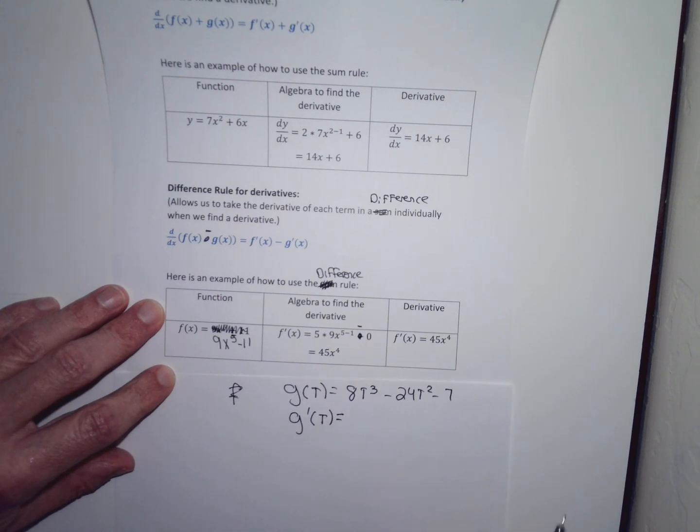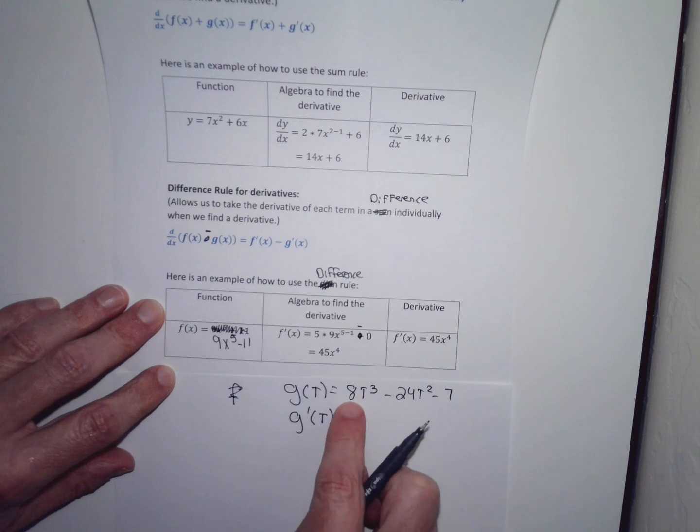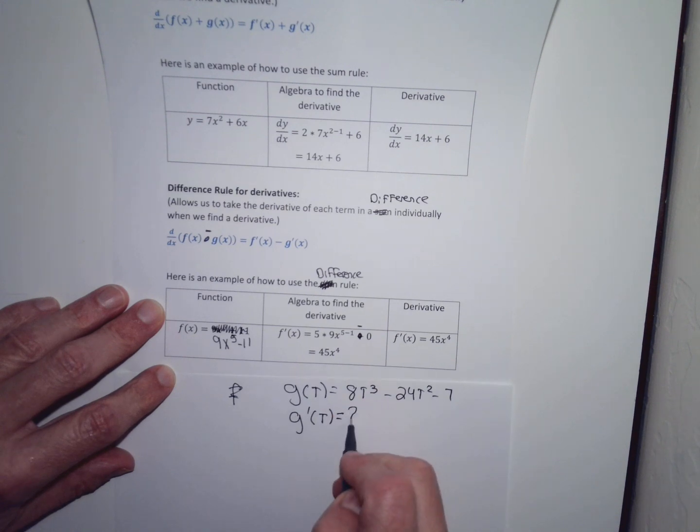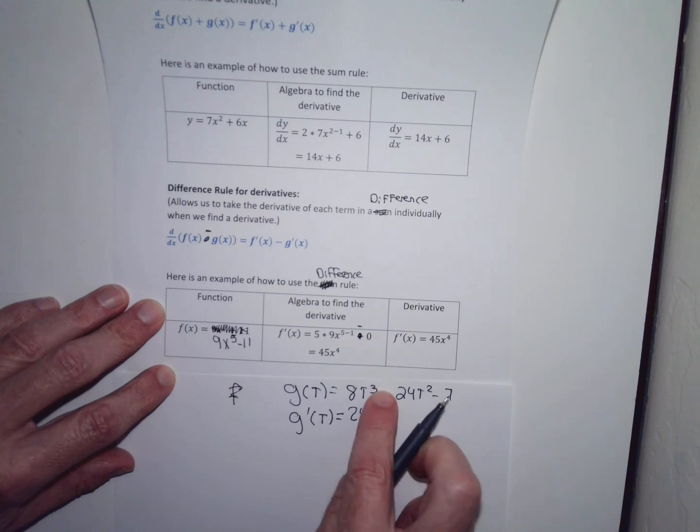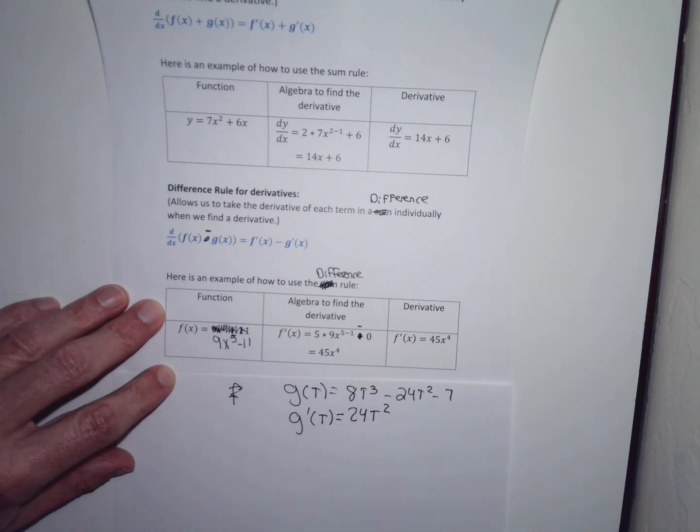The first term, I'm going to start speeding this up. I'm going to take its derivative by going 3 times 8 and getting 24. I'm going to lower the exponent by 1 and get a 2. So the derivative of my first term, 3 times 8 is 24, lower the exponent by 1, get t squared. Bring down the minus. For the second term, I go 2 times 24, which is 48.